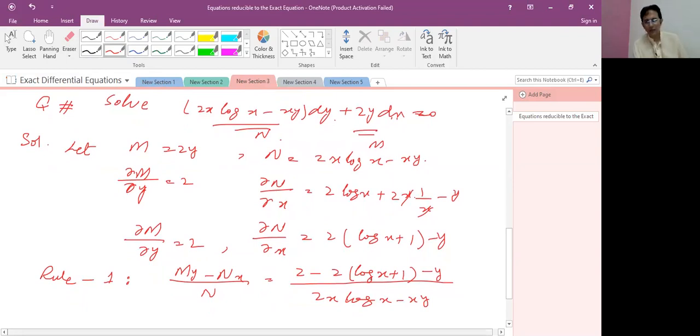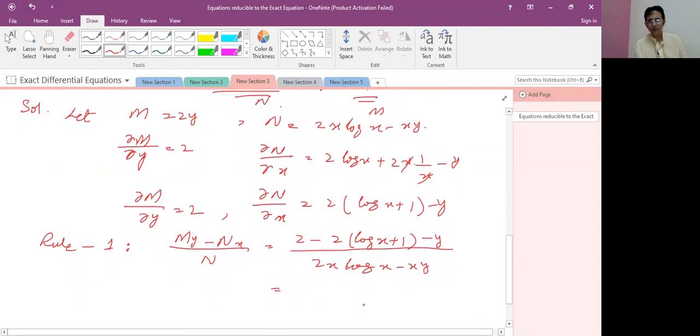Student, if you simplify them, the answer is to take 2 minus 2 log x minus 2 minus y, whole upon 2 times x.